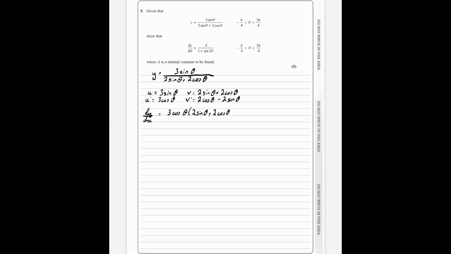And the more observant amongst you will notice I forgot to close a bracket there after the 2 cos theta, which is disappointing, I know. And we have v du dx minus u dv dx, and all of that's going to go over v squared. And substituting in v squared, we get 2 sine theta plus 2 cos theta all squared.